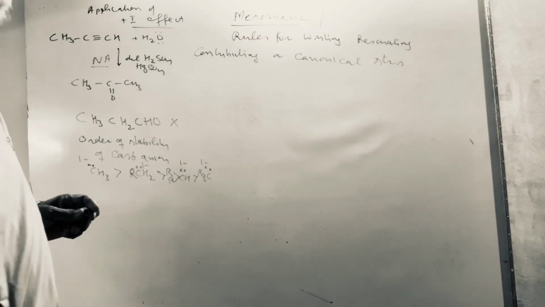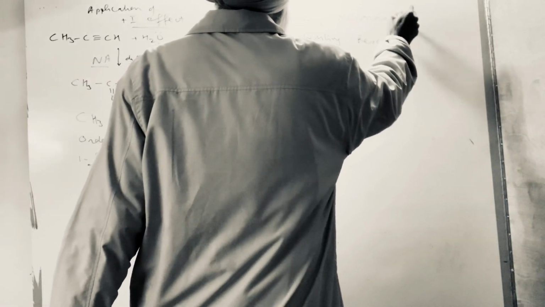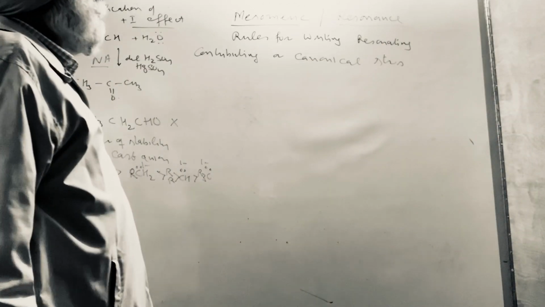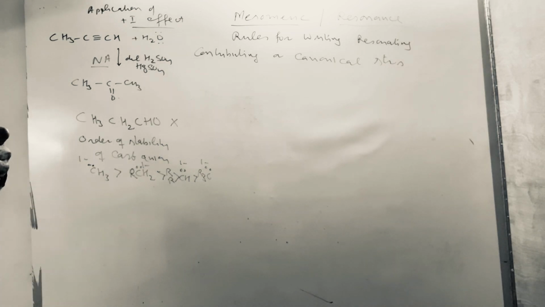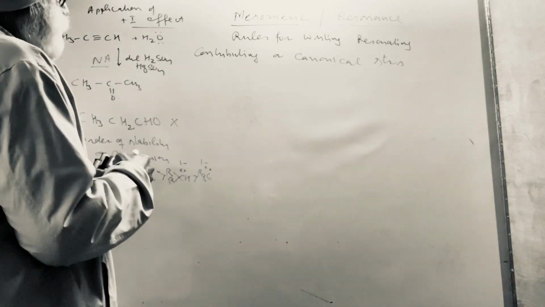What are the rules for writing resonating structures, contributing structures, or canonical structures? First of all, the relative arrangement of nuclei should remain the same. The relative arrangement of nuclei should always be the same.